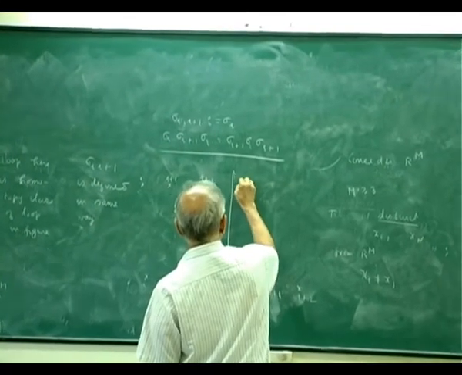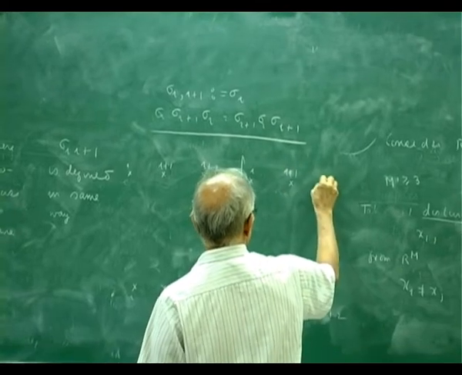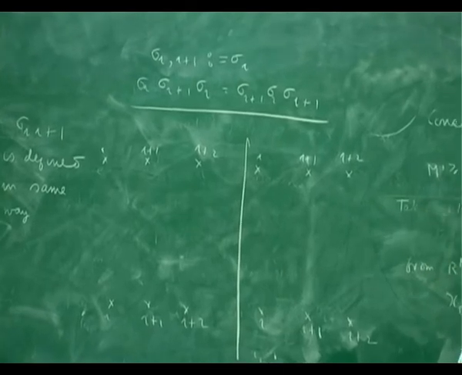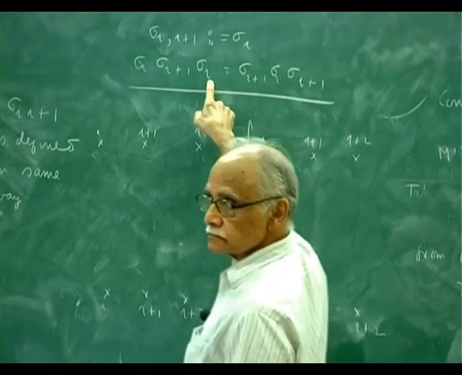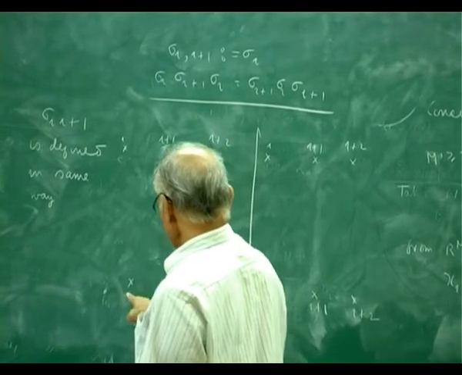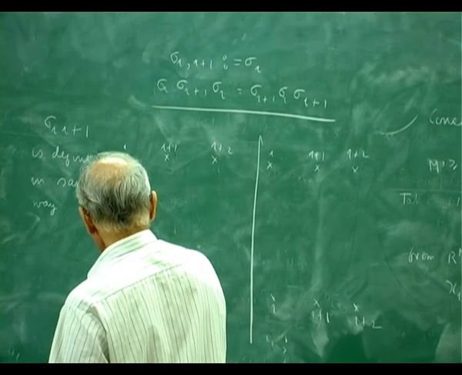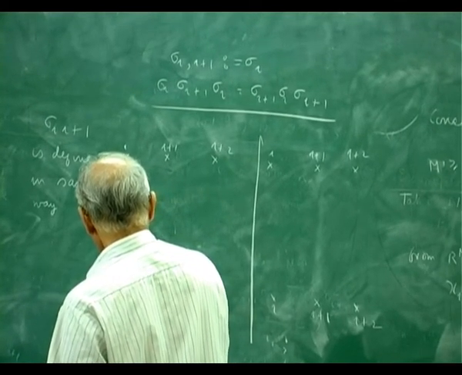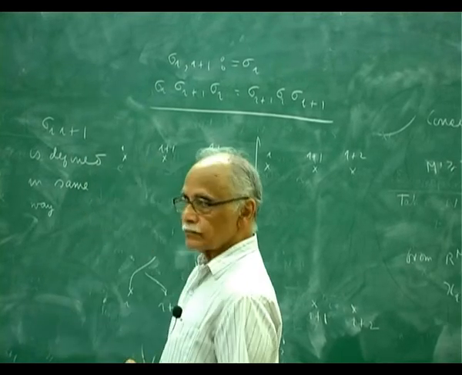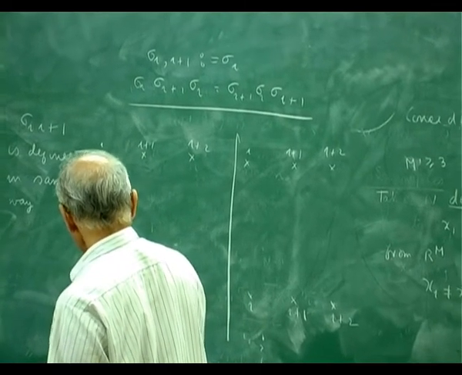Then here also i, i plus 1, i plus 2. Now first let me do this. The sigma i transposes this. I should be careful, it goes like this, and goes like this. Next, this goes underneath.